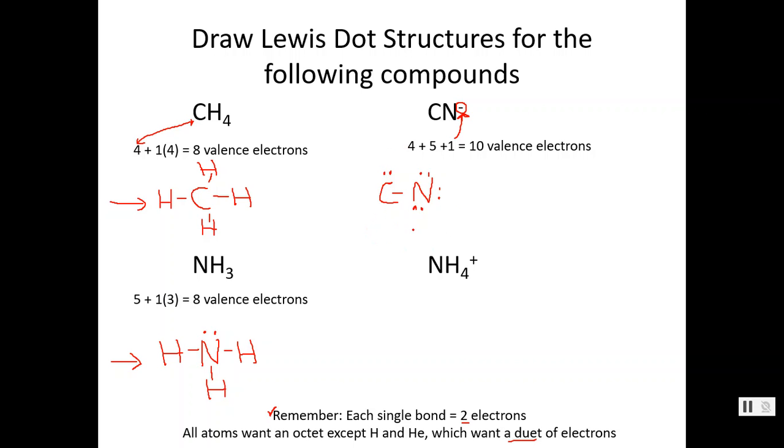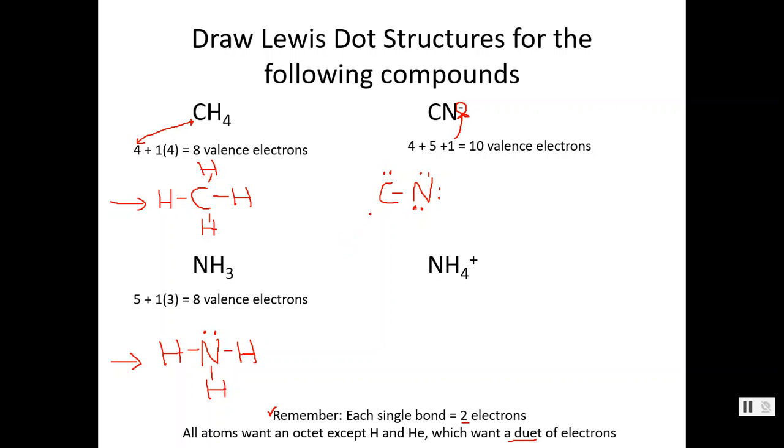So I have now placed all 10 of my 10 valence electrons. Now we need to look to see if my octets have been satisfied for all of my atoms, or if I have any hydrogens, if the duets have been satisfied. This nitrogen on the right has an octet of electrons: 2, 4, 6, 8. But this carbon only has 2, 4 electrons.